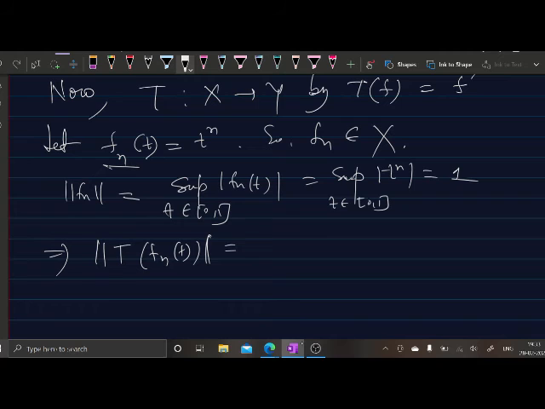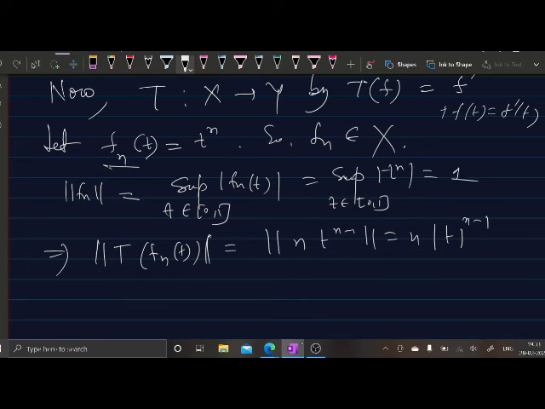Since Tf is f', that means Tf(t) is f'(t). Now what is your f_n? f_n is t to the power n. So what is f_n'? It is n t to the power n minus 1. So therefore it is the norm of n t to the power n minus 1. Okay, so that means it is n mod of t to the power n minus 1.